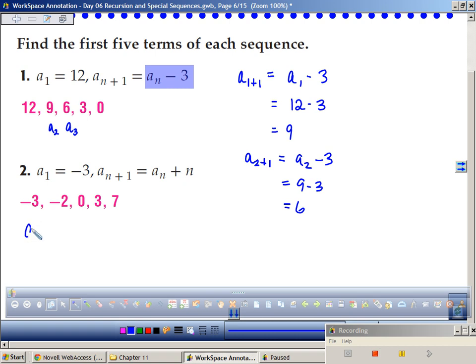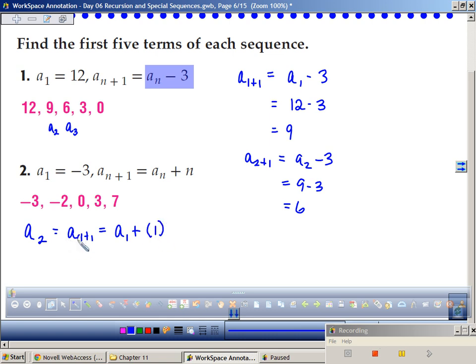So if I want to find a sub 2, which is really a sub 1 plus 1, right? Which is really a sub 1 plus what? N? What is N? Oh yeah, that's right, we plugged in 1. So a sub 1 plus 1 equals a sub 1 plus 1.